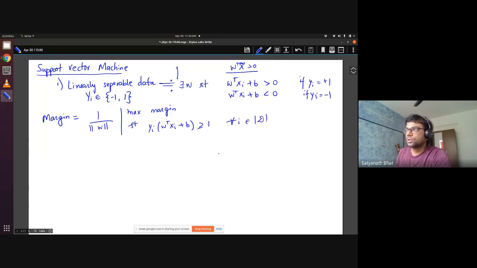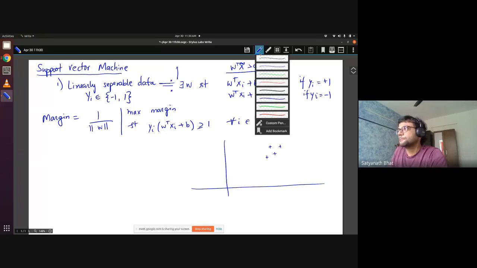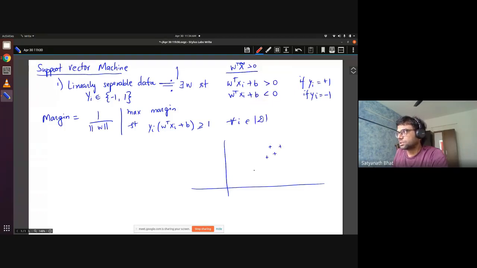You remember this? So what we had is, you had some data points. Let us mark the data points. These are all the positive points, and suppose these are all the negative points. We would like to find a margin. The margin is the biggest thing that you can separate all the data points with.